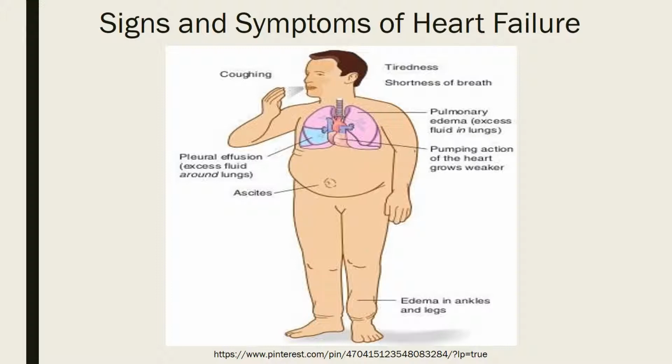And then for right-sided heart failure, remember it's going out to the peripheral system. So ascites, fluid that's in the belly. You're going to have edema in the ankles and the legs. They're going to be tired in both of them. The pumping action of the heart grows weaker as the progression of heart failure continues.